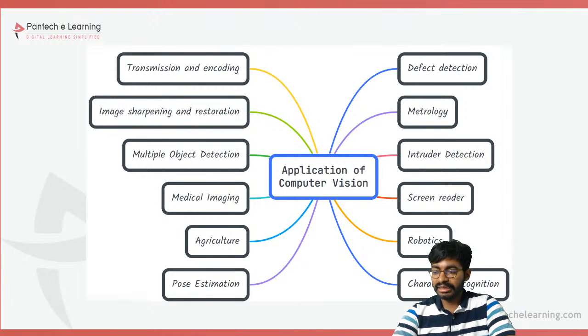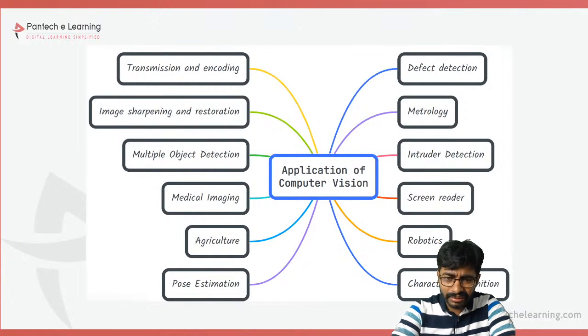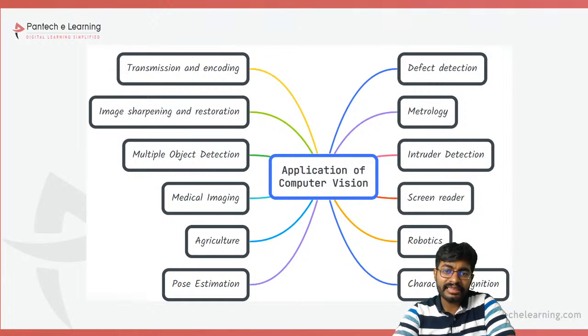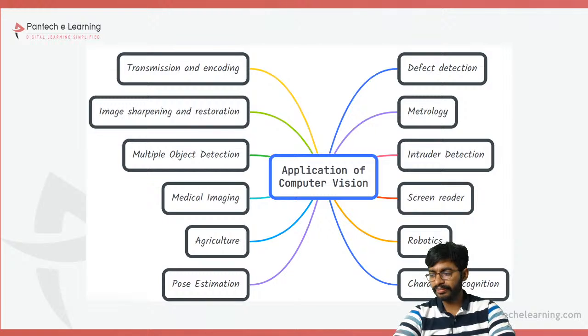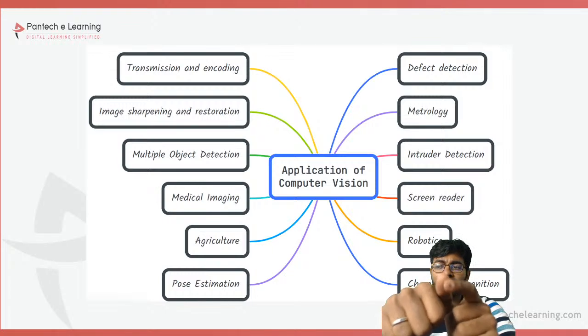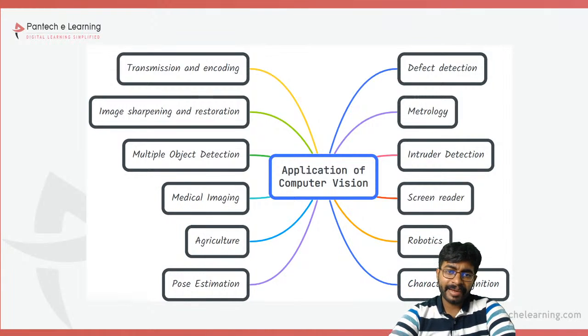Then intruder detection. What is an intruder? Any unauthorized person. We can make it an authentication or biometric system. Even the fingerprint itself is an authentication. Each and every person's finger has its own pattern. We take that pattern through a scanner, which converts the data into an image, and that data is stored at a particular place.